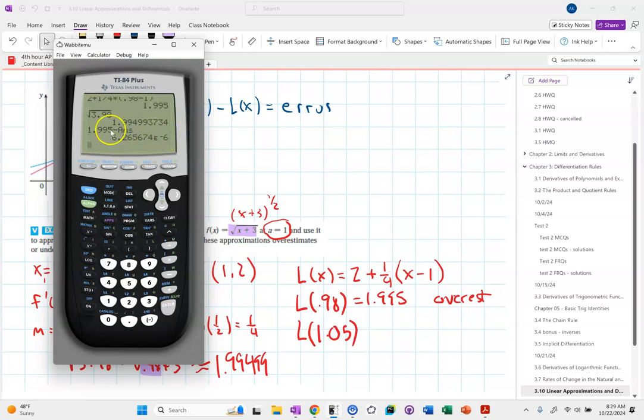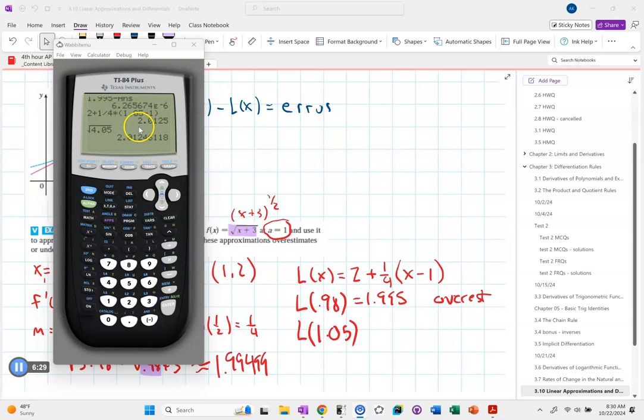And if I do the same thing for 1.05, we can see that my linear approximation is 2.0125, and the exact value there is 2.0124.